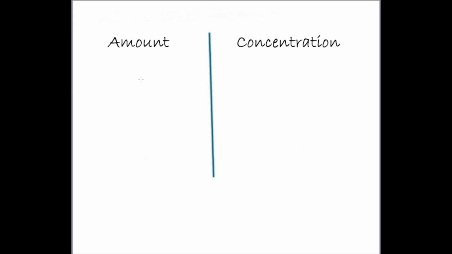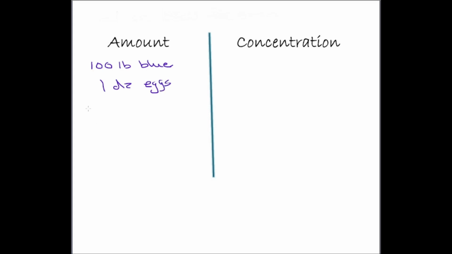And let's talk about amount and concentration. Amount is just like we think about it in normal English. So for example, 100 pounds of blueberries is an amount of blueberries. Or we might have, say, 1 dozen eggs. That's an amount.